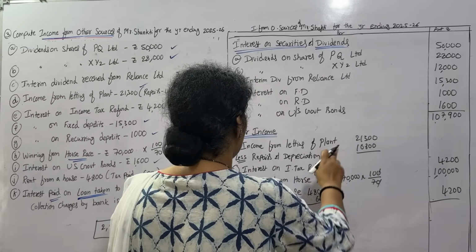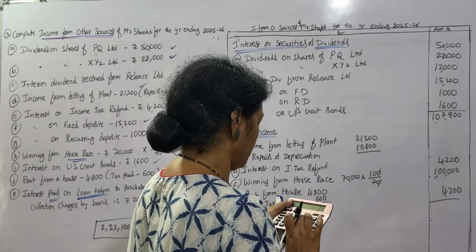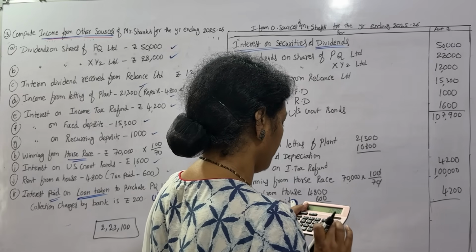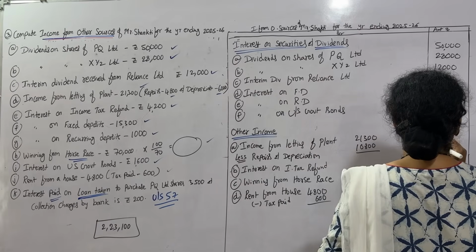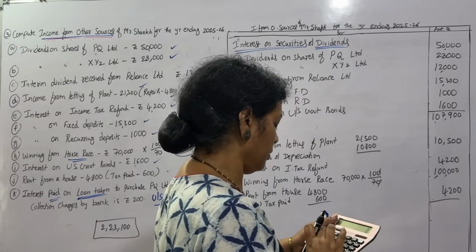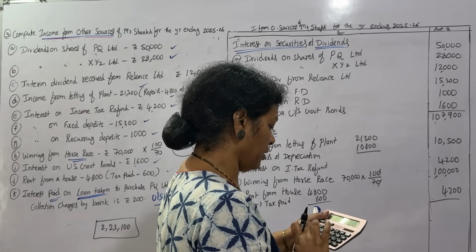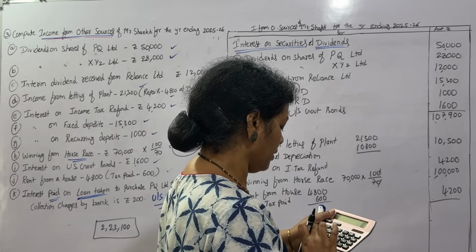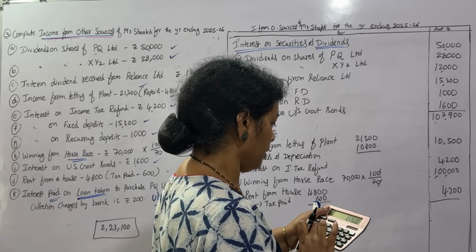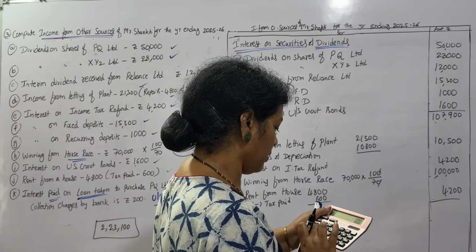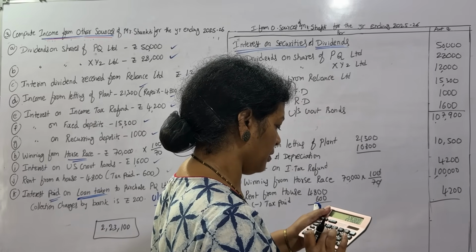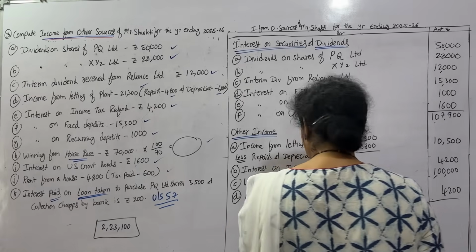And this one is 21,300 minus 10,800, 10,500. Let's total up everything. 1,07,900 plus 10,500 plus 4,200 and 1 lakh plus 4,200. 2,26,800.